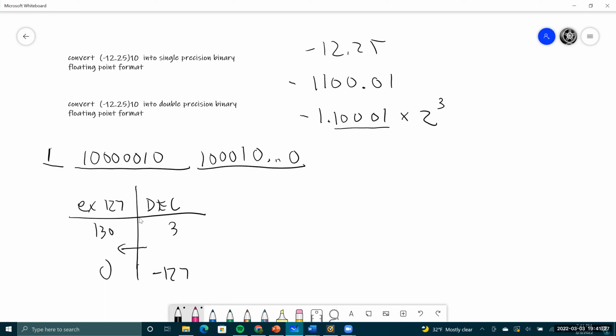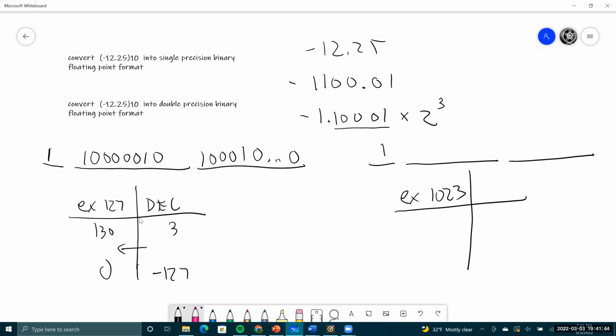All right, that's it. Now for the double precision, you have a sign bit, just the same. And now for the exponent, the excess is 1023, so it's going to be a little bit longer and bigger. So 0 corresponds to negative 1023, and we want to know what 3 corresponds to, right?